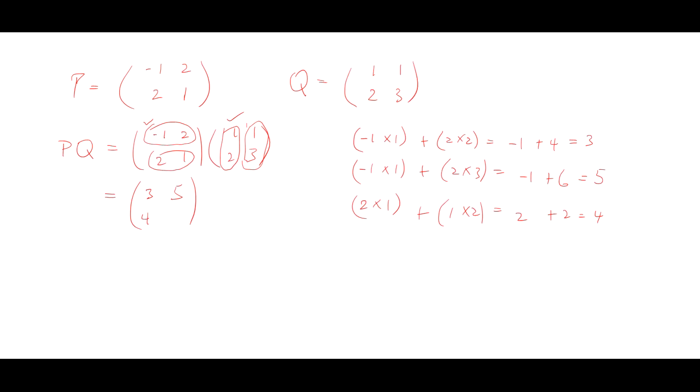Then I'm going to take the same row and multiply by the 1, 3 now. So it'll be 2 by 1 plus 1 by 3, which will give me 2 plus 3, which is 5. And this is how we get PQ.